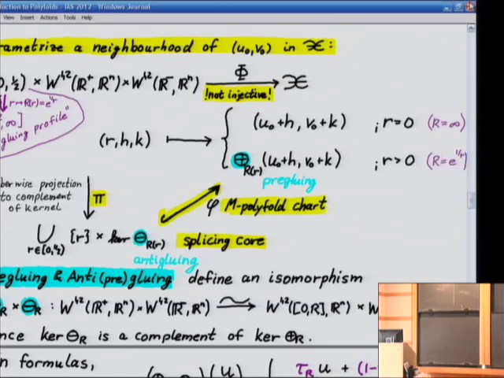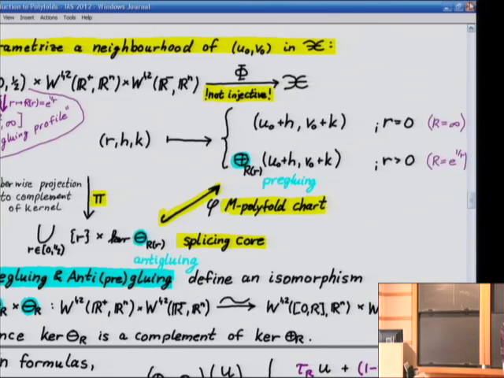This is going to be my polyfold chart. And now I need this space down here to not be completely crazy. It does sit in a Banach space, so that's already nice, but I would like it to be some kind of controlled subspace of a Banach space. And nowadays, in general, it's going to be the image of a retraction.